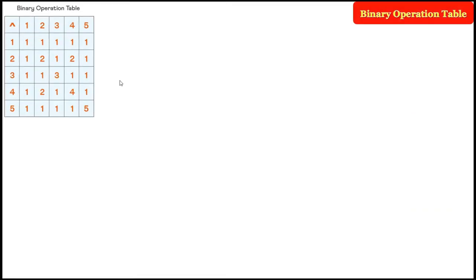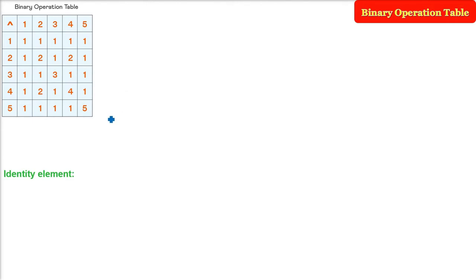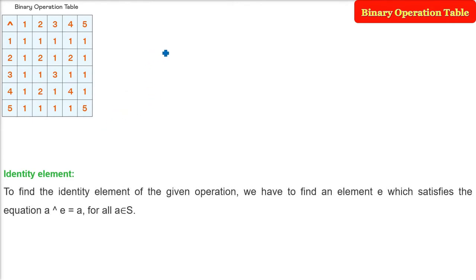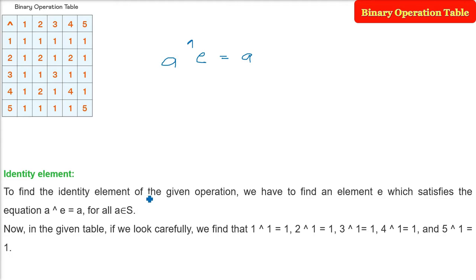Next property is the identity element. In order to find the identity element of a given operation, we need to find an element E or any I which satisfies the equation A operation E, in the case we are using operation as cap, equals A. So operation with any E should also give you the actual value.